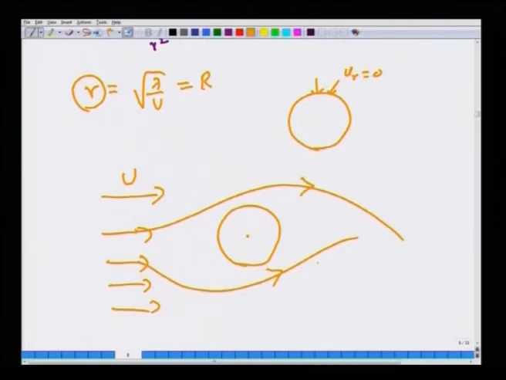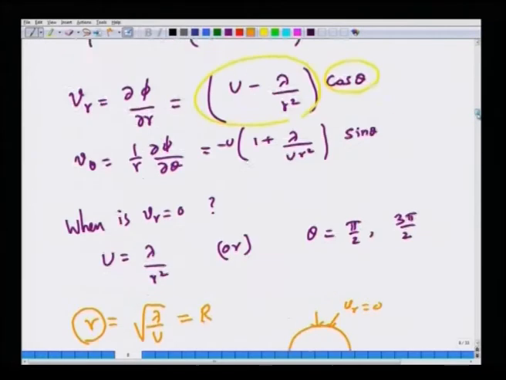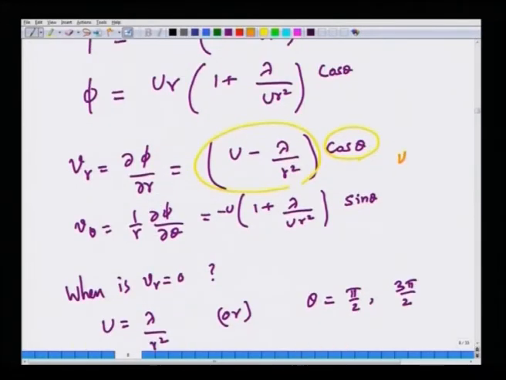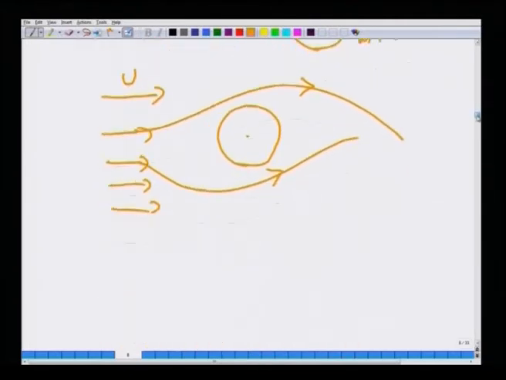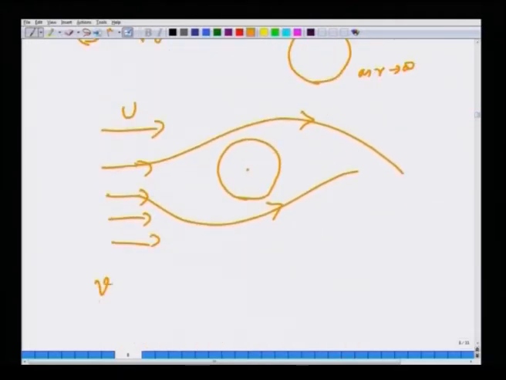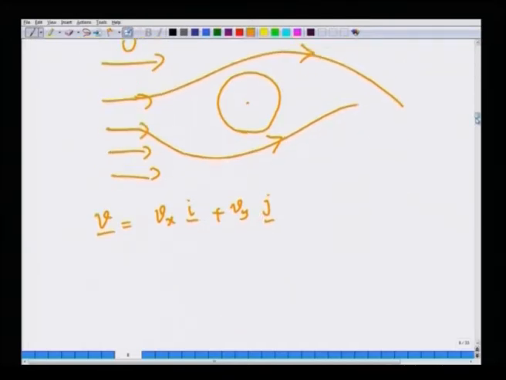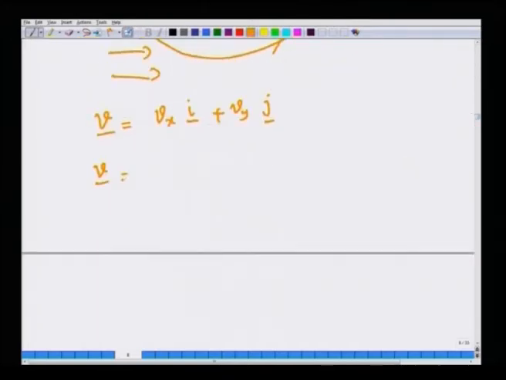Now, far away, as r tends to infinity, if you look at this expression, V r becomes u cosine theta. That is the radial component of the uniform velocity. But the velocity is V x times i plus V y times j. There are 2 components, or we can write it as V r e r plus V theta e theta.